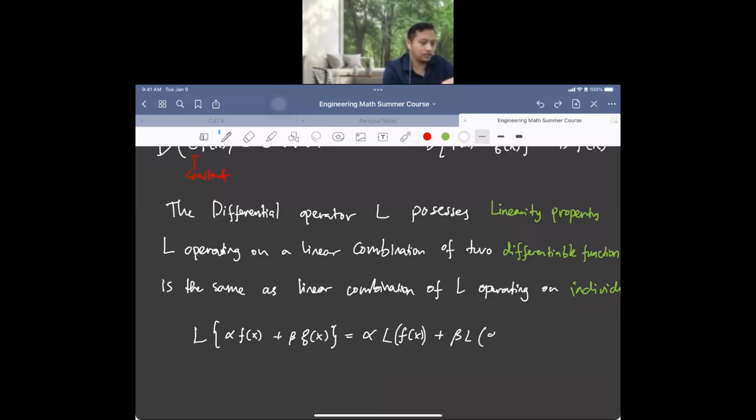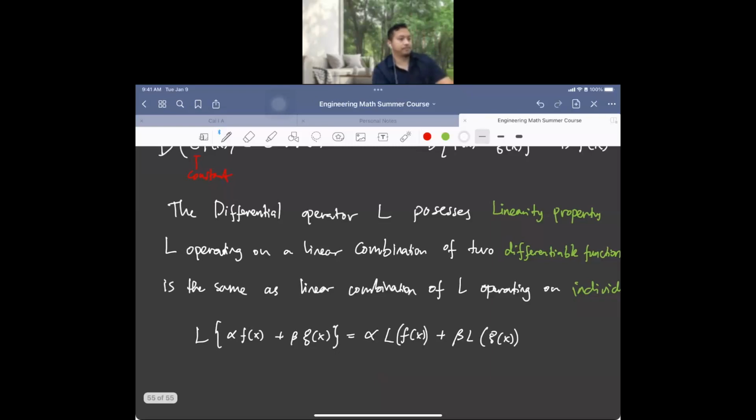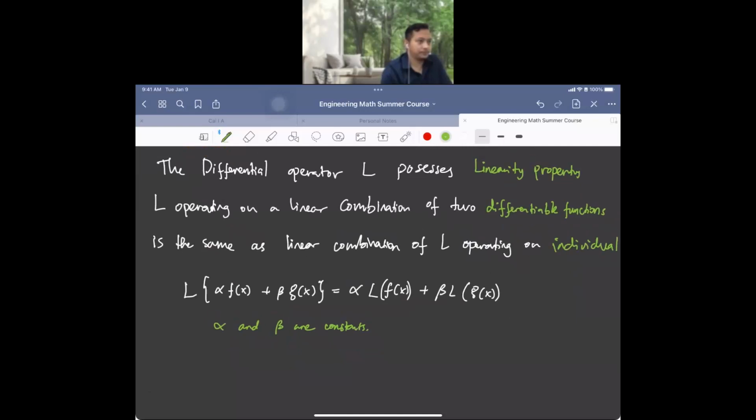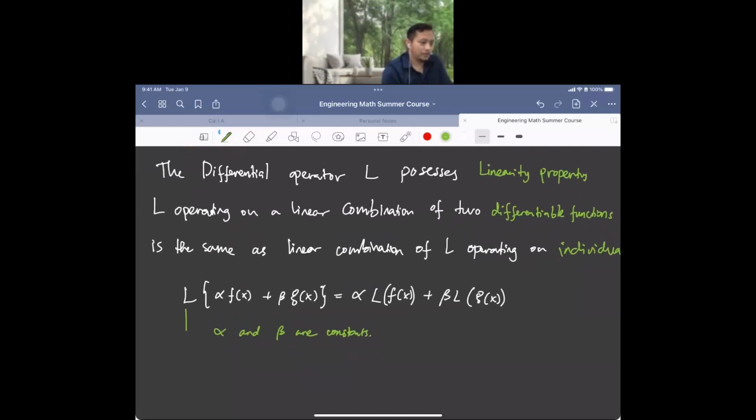Sorry, g, sorry. Where the alpha and beta are constants. So we say that this L is a linear operator.